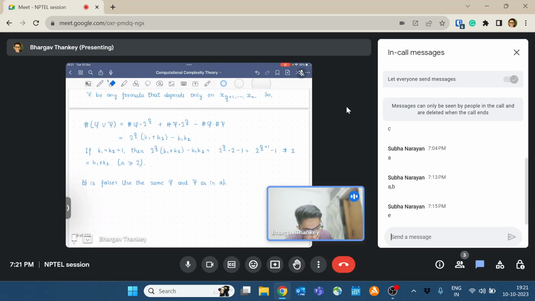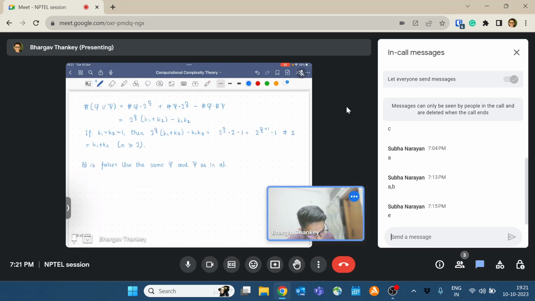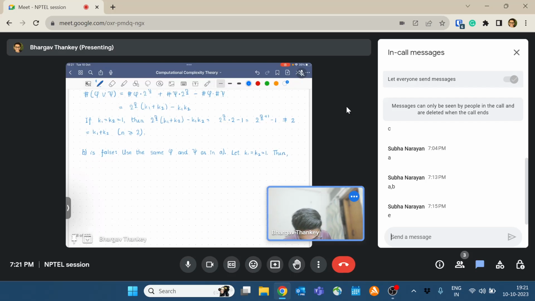Yes, okay, I won't write it, but yeah, sharp phi, or phi, is still this. Now let K1 equal K2 equal 1 again. Then 2 to the n over 2, K1 plus K2.